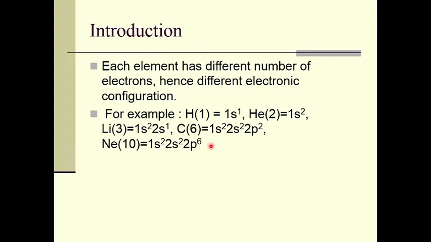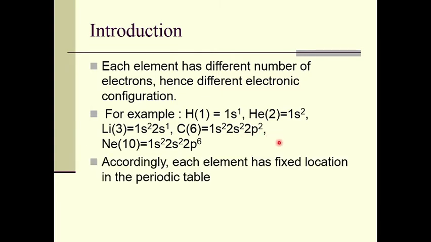We know that the second shell can have only 8 electrons, so in the case of neon the second shell is filled. In the case of carbon, the outermost shell is not complete because its electronic configuration is incomplete; it should have 8 electrons in the outermost shell.